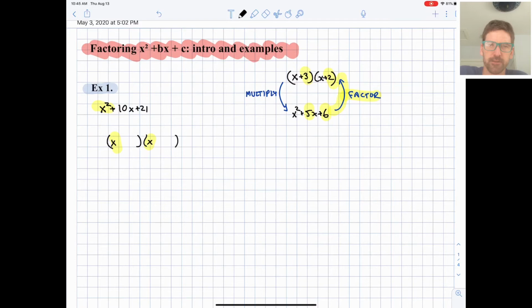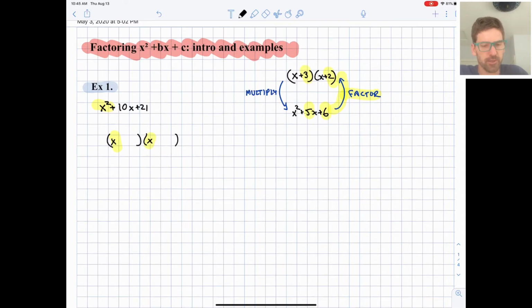What are some factors of 21? 21 could be 1 and 21, or 3 and 7. Is there a pair that adds to 10? Yes, the 3 and 7 do. So I'm going to do x plus 3 and x plus 7. By the way, it could have been x plus 7 and then x plus 3. Those are the same thing.